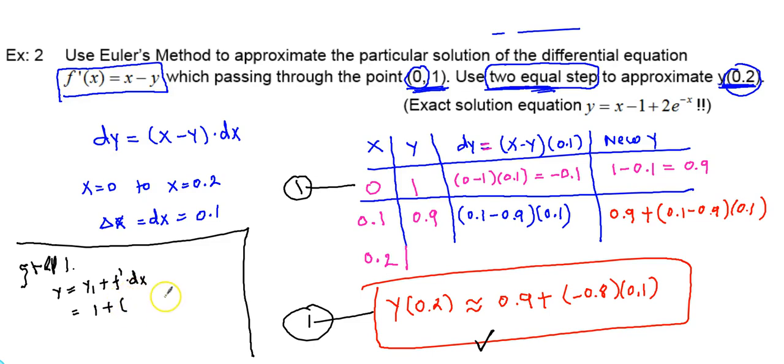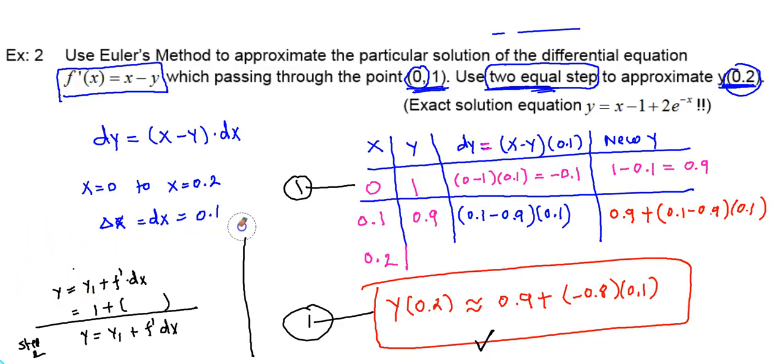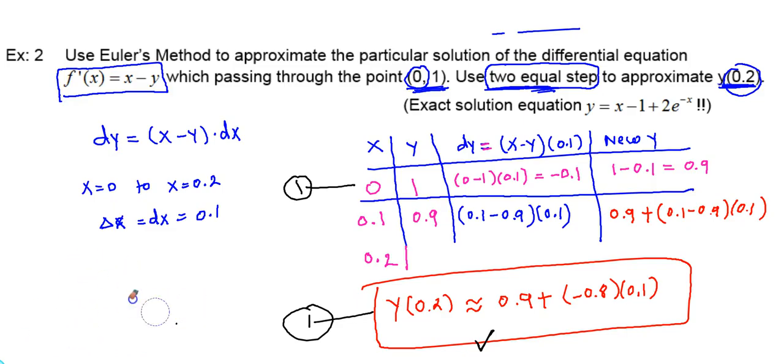You are writing in the equation, and then you draw the line and then you say step 2, you begin again, y is equal to y1 plus f prime times dx. So you have to show the two equations separate. I prefer that you show the table, but it's up to you. My students are always using the table and they get it because this concept is not so difficult.